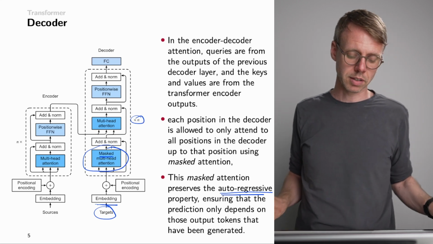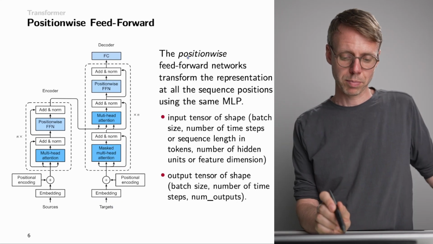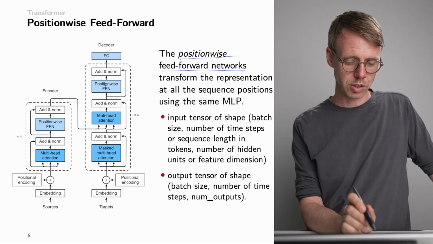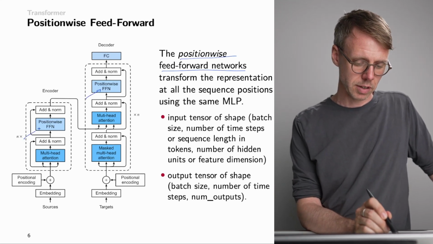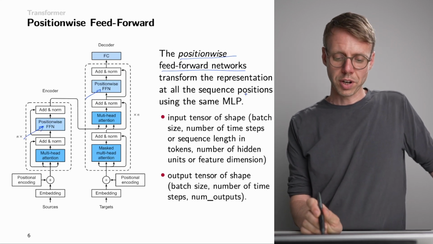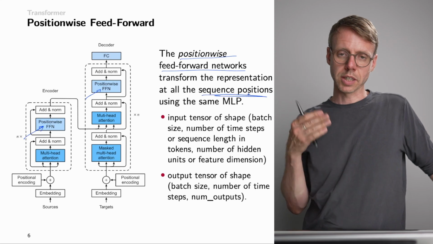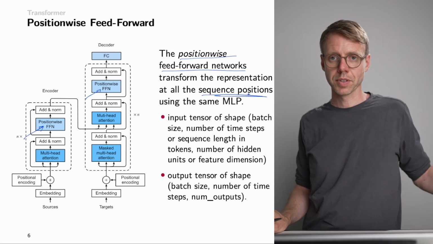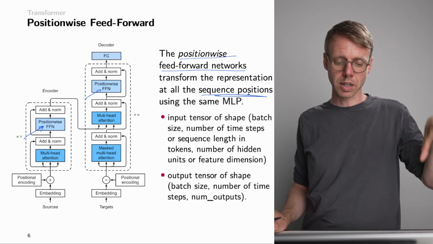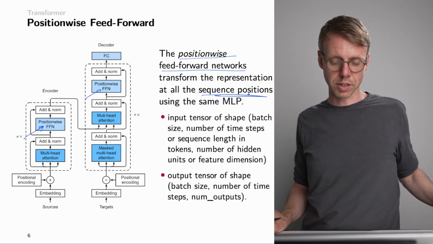So each of those blocks is repeated. Remember, position-wise feed-forward networks transform their representation of all the sequence tokens using the same multi-layer perceptron. So they use the same feed-forward neural network and apply it to all the tokens in a sequence.